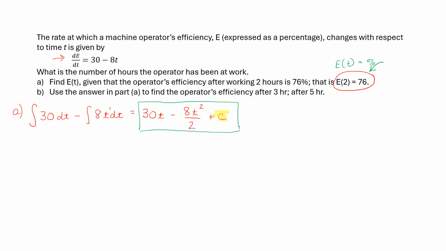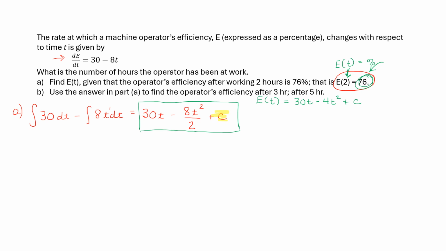It starts out as E of t is equal to 30t, not plus, minus 4t squared plus c. But of course our problem is we don't know what c is. But we do know that t is 2, and we know that E of t is 76.